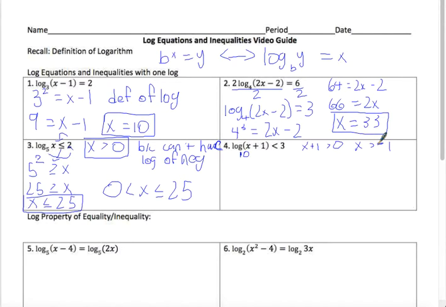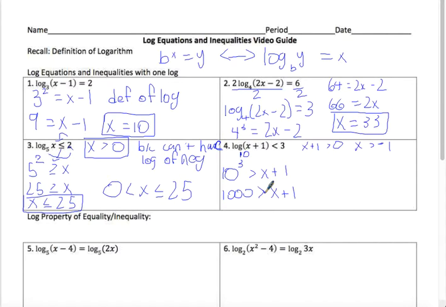Then we can convert it to exponential form. So 10 to the third must be greater than x plus 1. That's 1,000 is greater than x plus 1.